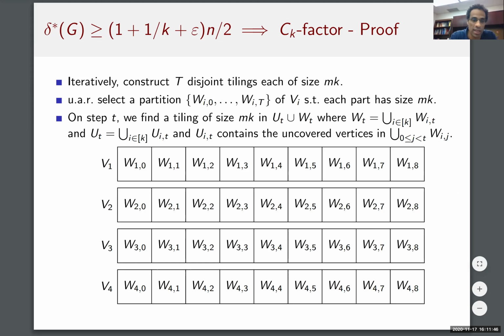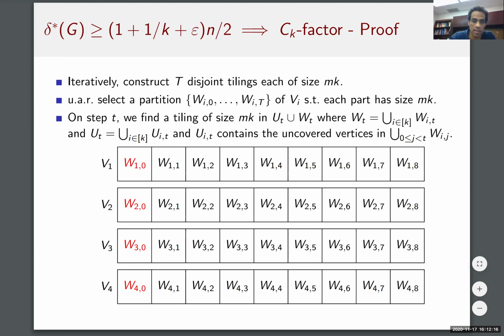So this looks like k is equal to 4, and I haven't found any C4s yet. So U1 is this column and W1 is this column. We've got 2mk vertices here, 2mk vertices here, 2mk vertices here, and 2mk vertices here. Everything here is untouched in this first step.